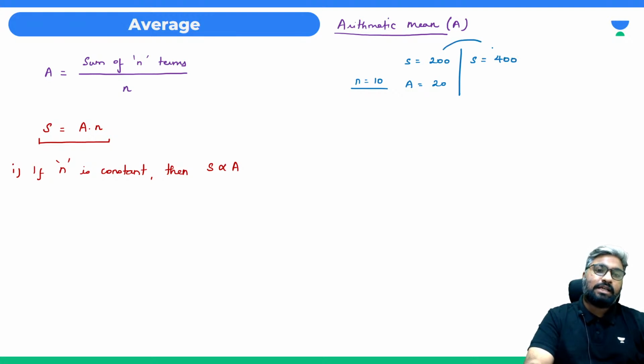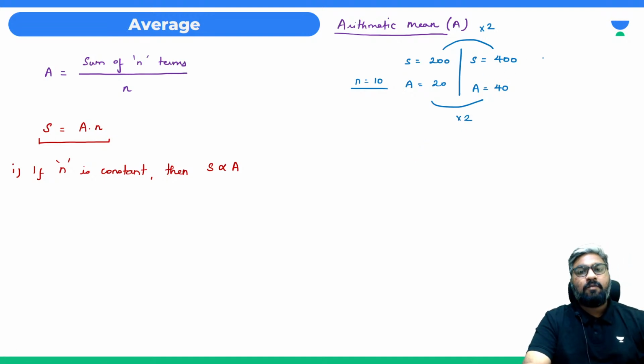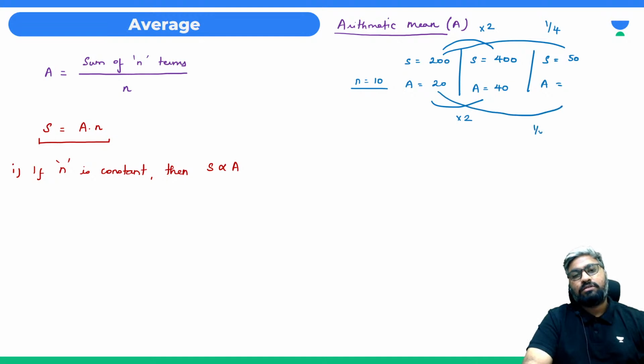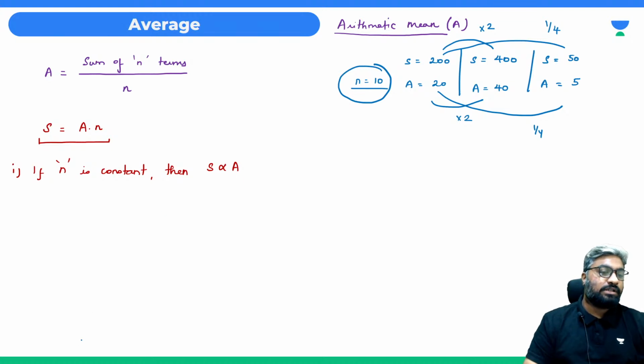Average also becomes double. Average becomes 20 doubled, 40, correct? Same way, if the sum becomes 50, which is 1/4 of 200, then the average also becomes 1/4 of 20, which is 5. So if the number of terms is constant, then sum and average are directly proportional.